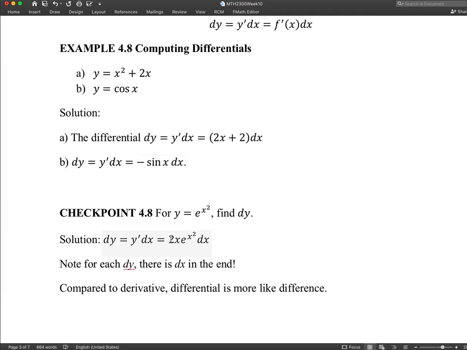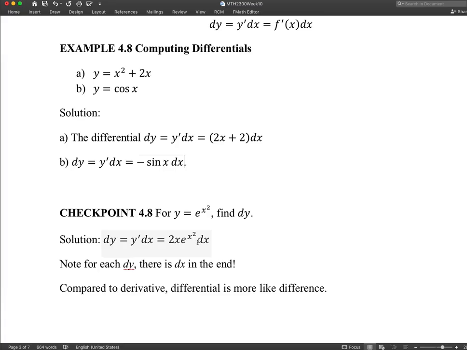So I got dy as 2x times e to the x squared dx. Don't forget the dx in the end. Without the dx in the end, it is simply not correct. dy will have to be a function of x times dx.